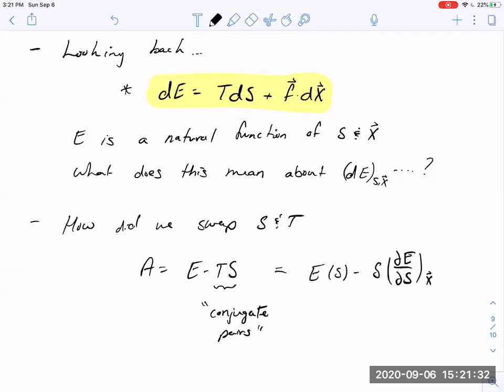So this equation we've written down, this definition for the Helmholtz free energy, has some structure. It took a function, the energy, and subtracted off a variable it is a natural function of, the entropy, times how that function, the energy, changes with that natural variable, the entropy.